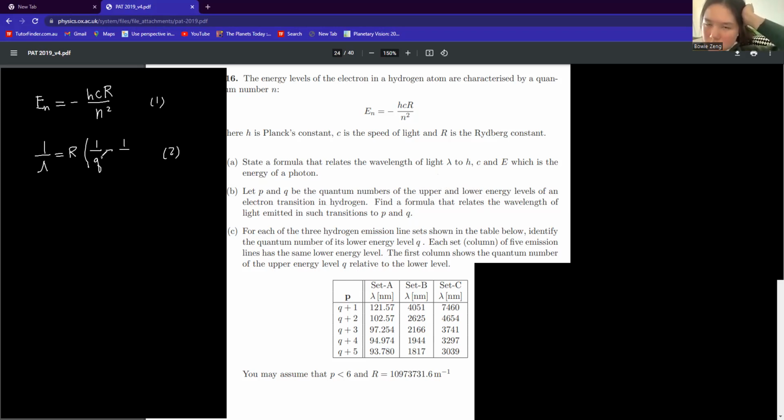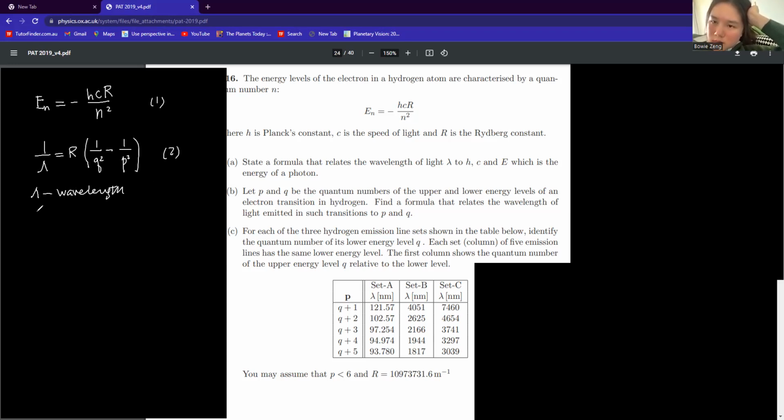For a fraction, the larger the denominator, the smaller the number. We are going to use the first formula to derive the second. In this case, lambda is wavelength. Do you remember? Lambda is wavelength, and q and p are constants.